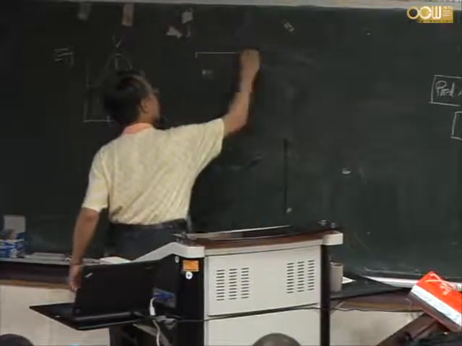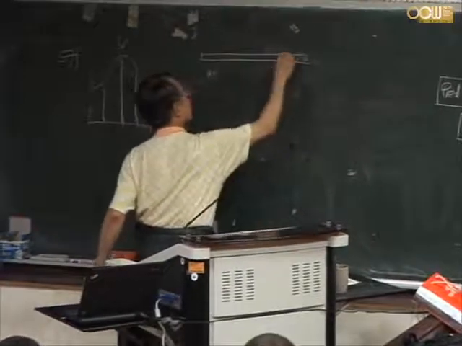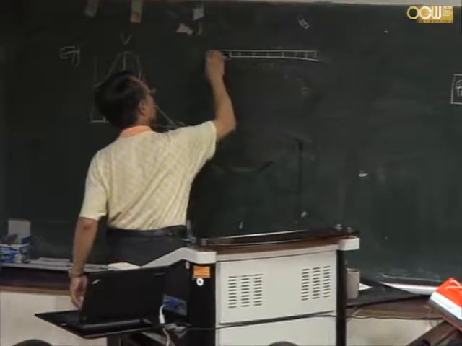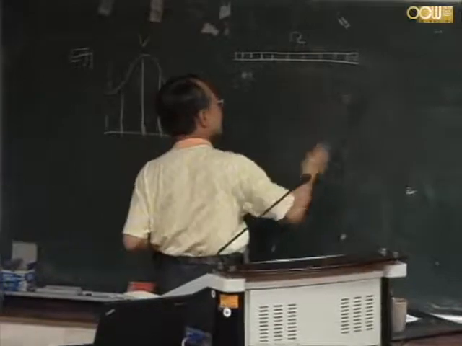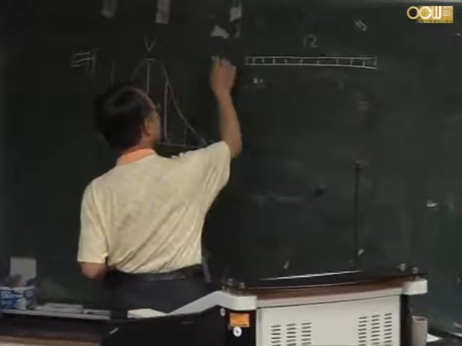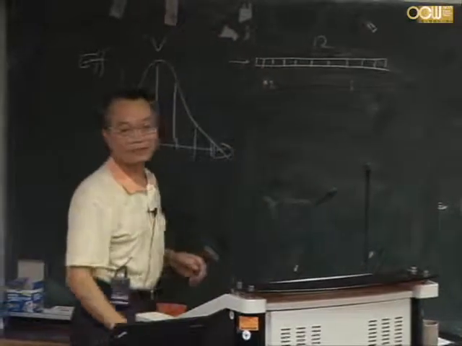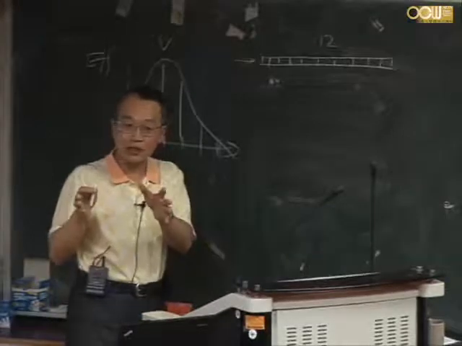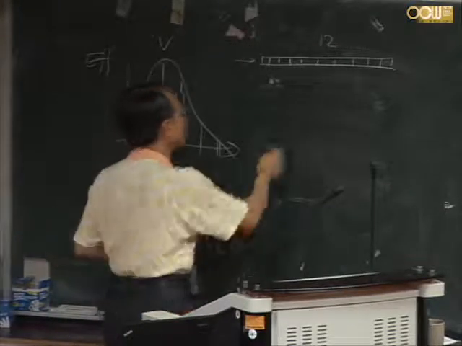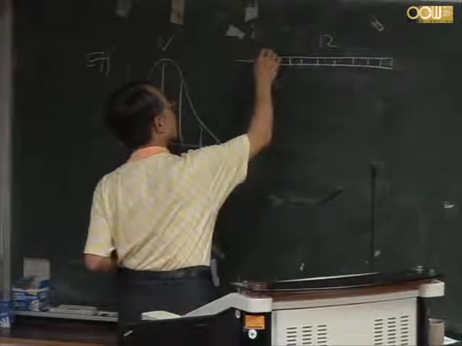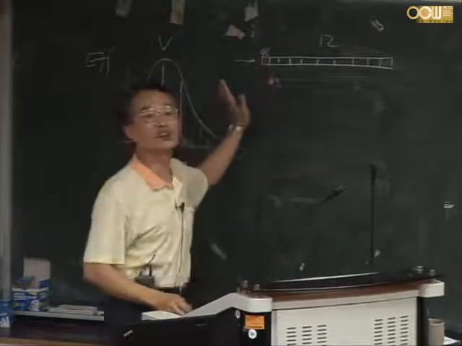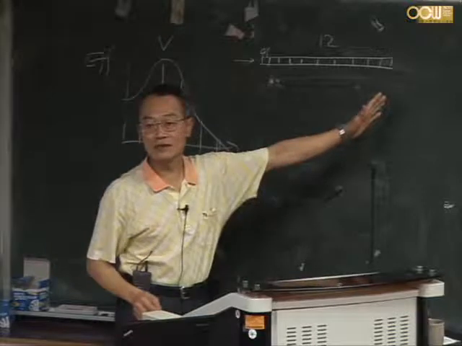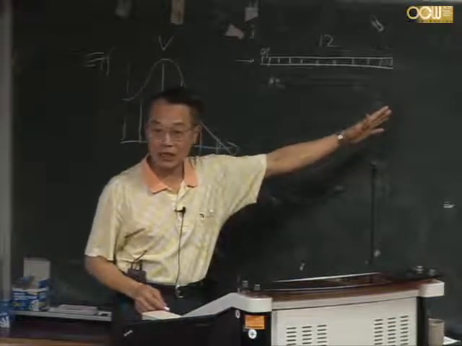I used a shift register for the past branch history, 12 bits. Every time I see a new branch result, I record whether it's taken or not taken, 0 or 1, in here, and shift everything right by 1.